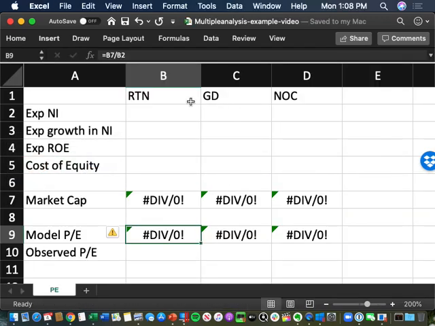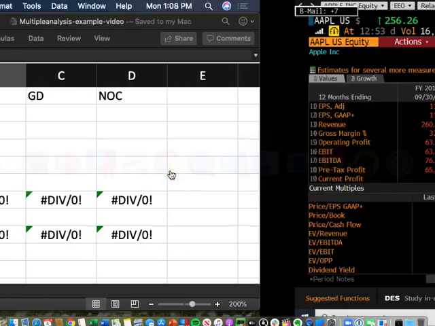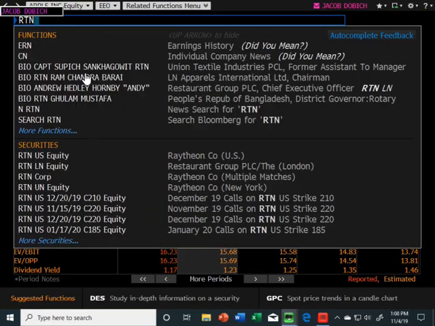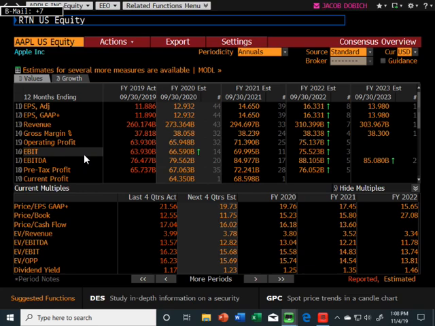Data. Bloomberg is going to help us do this. So let's go Raytheon today. We'll start out with cost of equity. Okay, just one screen. In Bloomberg, we're going to go to RTN US equity, and then type in WACC.